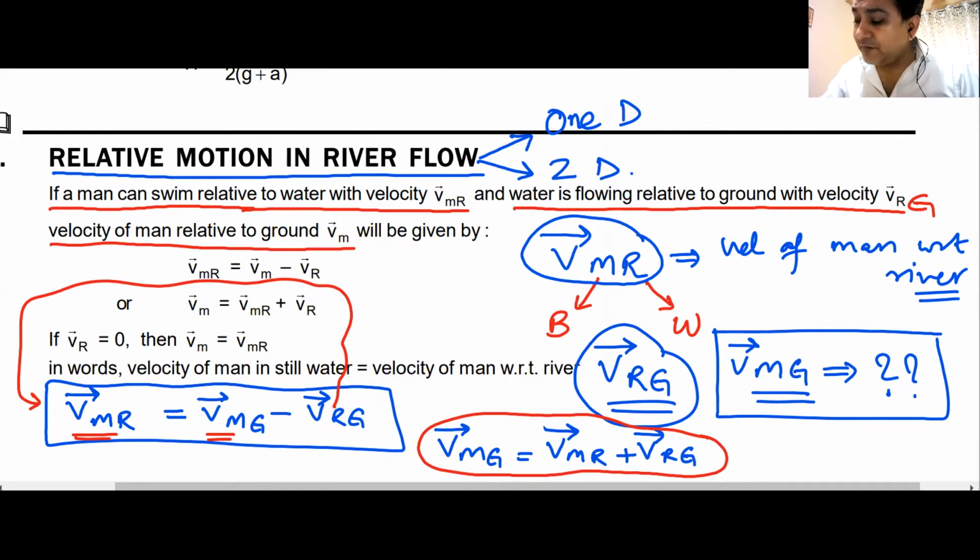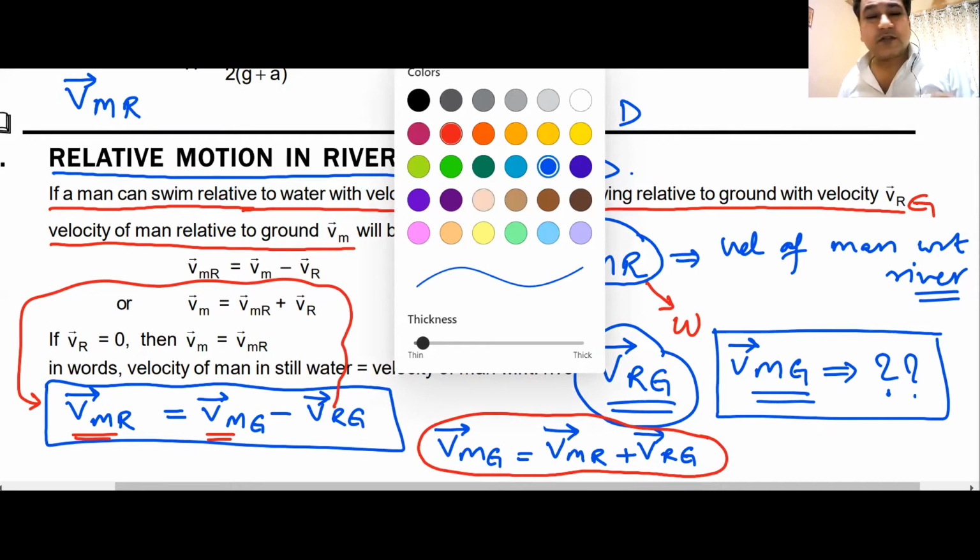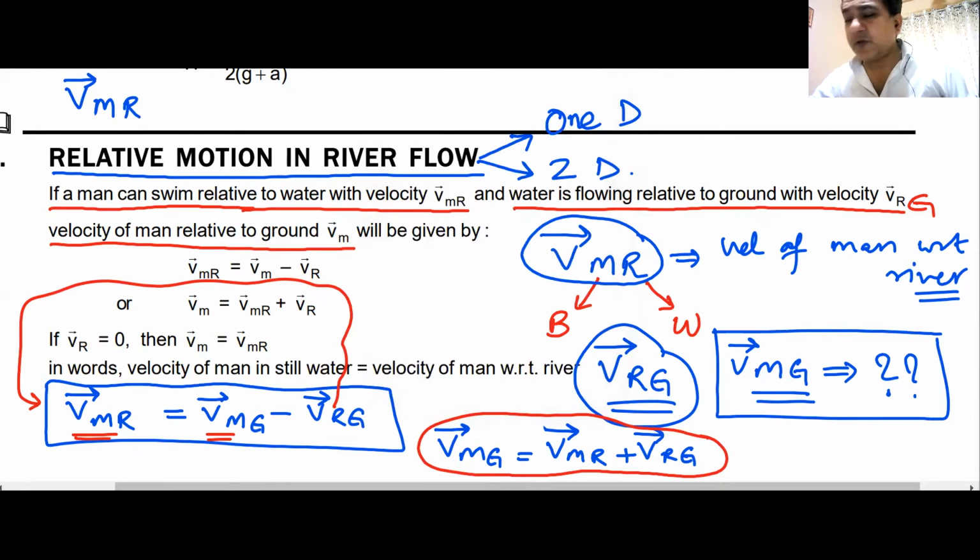In fact, if you remember, velocity of M with respect to R, when I wrote it in vector form, remember that topic, vector addition.